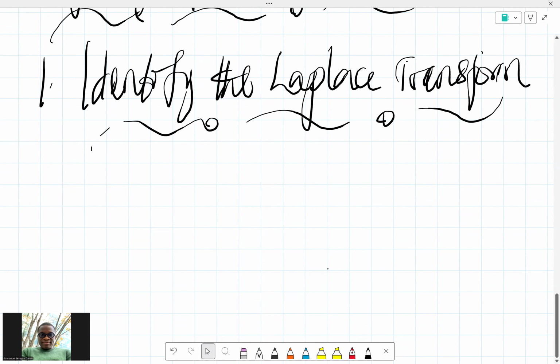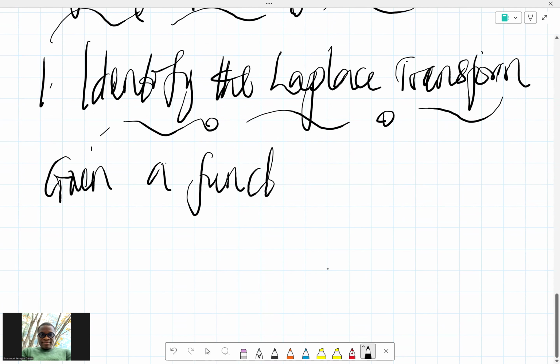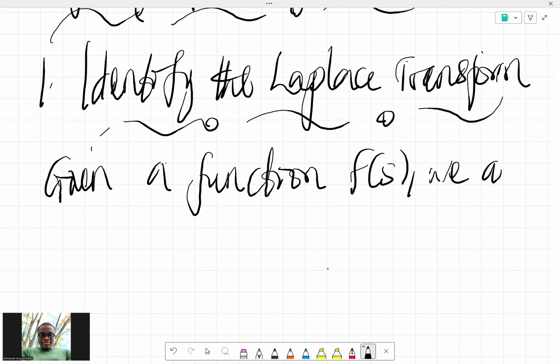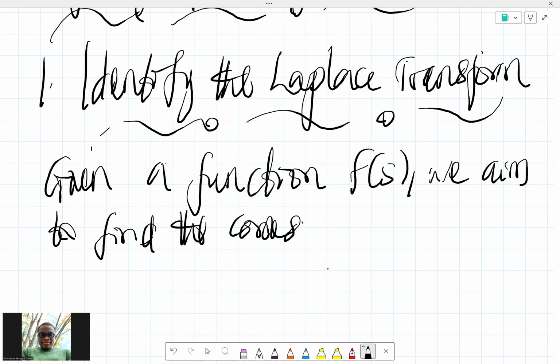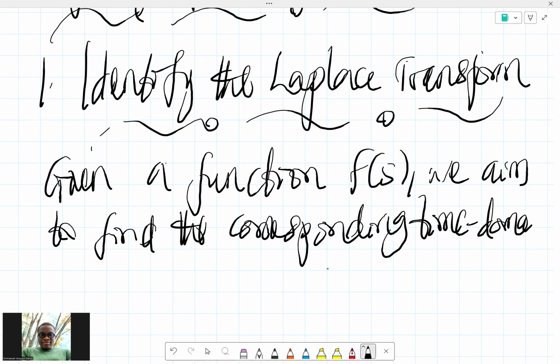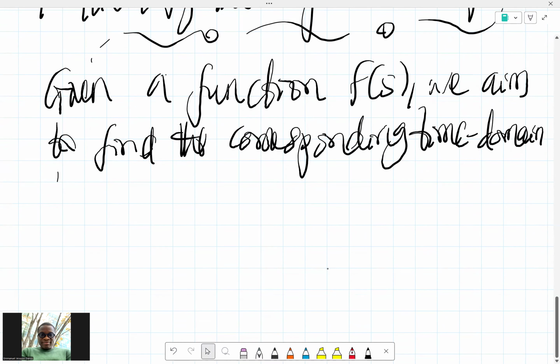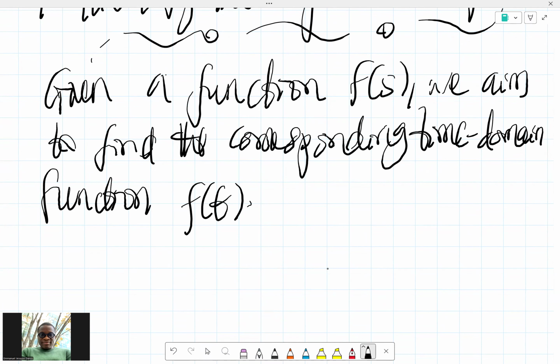Given a function F of s, we aim to find the corresponding time domain function f of t, just like we saw up there.